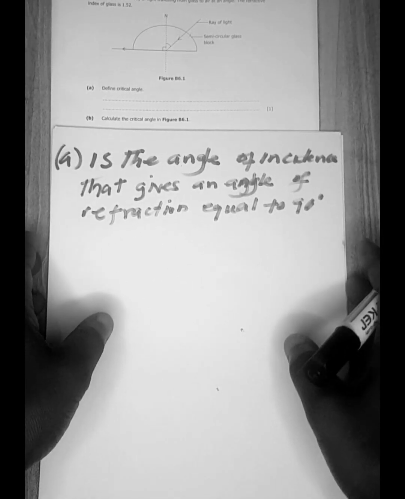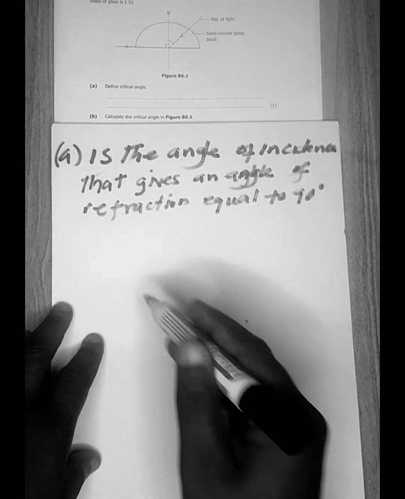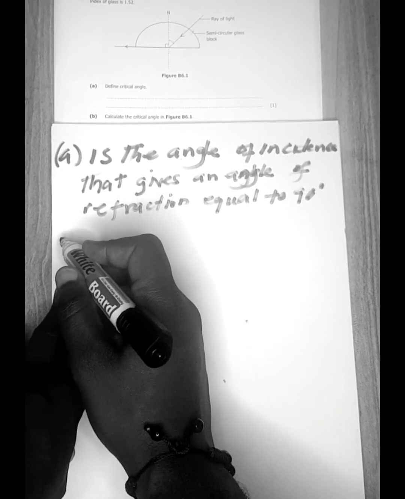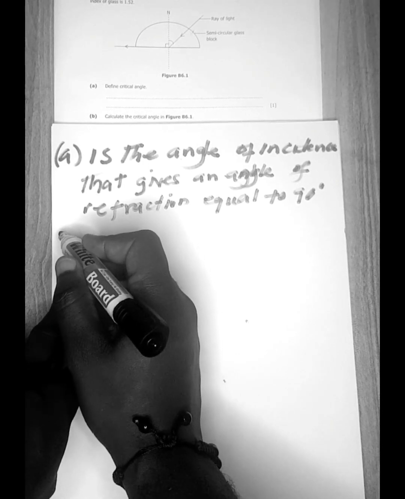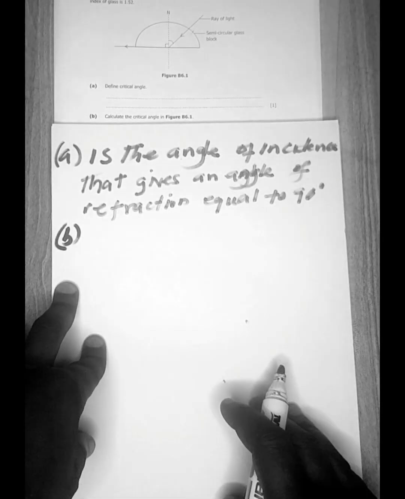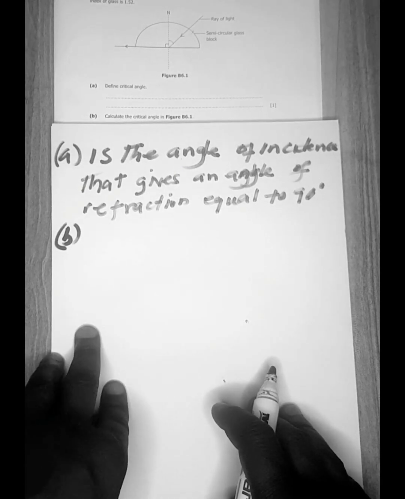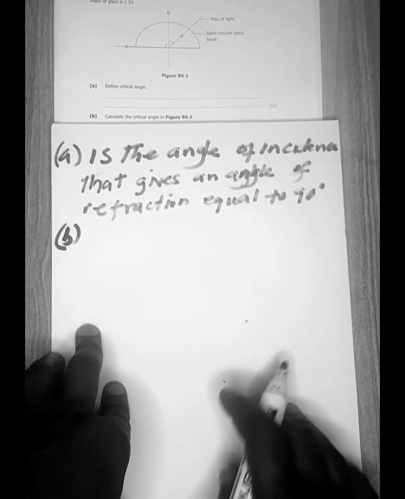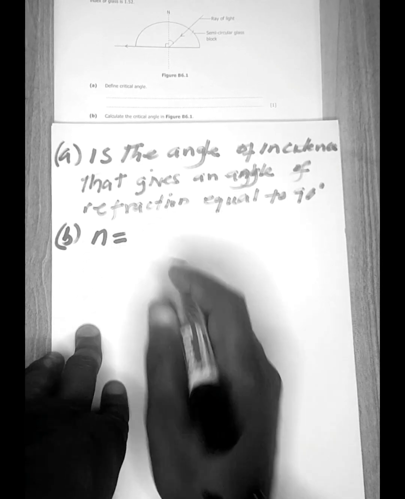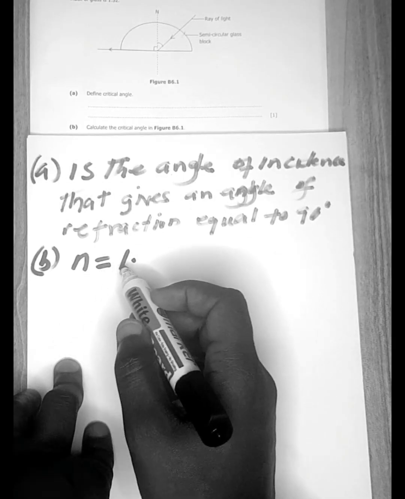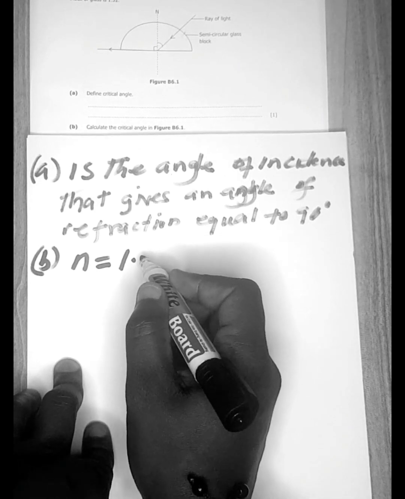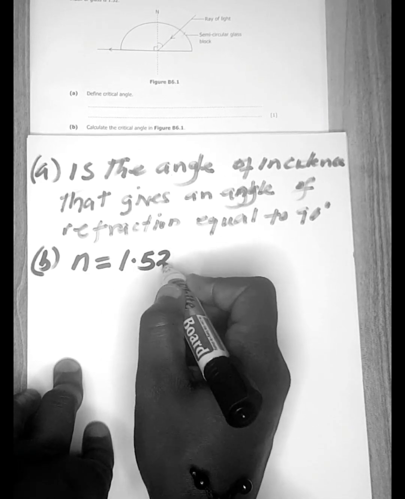Okay, so the next question is saying calculate the critical angle in figure B 6.1. So in B, we are determining the critical angle. We have to bear in mind that n, which is the refractive index, is equal to 1.52.